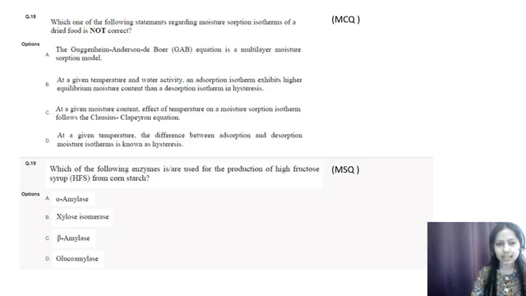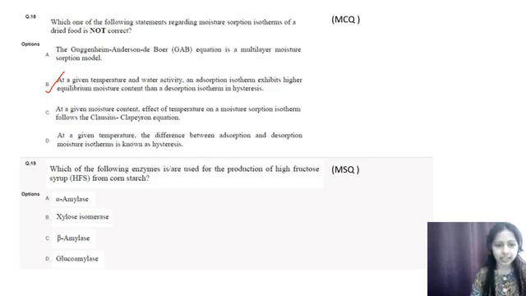And number D, at a given temperature, the difference between the adsorption and desorption moisture isotherm is known as hysteresis. So over here the correct answer will be number B, that is the incorrect one. It says at a given temperature and water activity, an adsorption isotherm exhibits higher equilibrium moisture content than a desorption isotherm in hysteresis. The thing is written in the opposite manner, in a vice versa form.